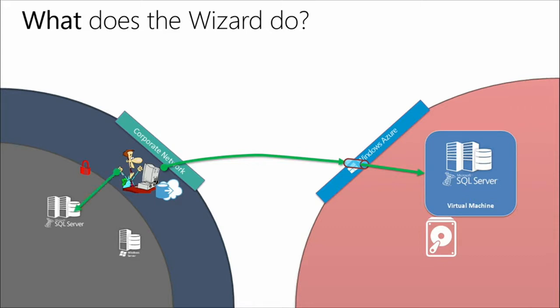When we have that role established, we ask the SQL Server engine to put the database backup to that file share. And when this backup is in place, the wizard retrieves that backup from the file share and places it in Windows Azure Blob Storage.